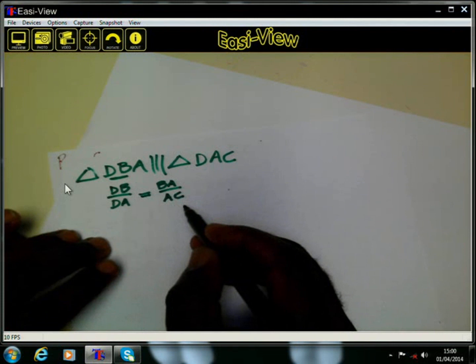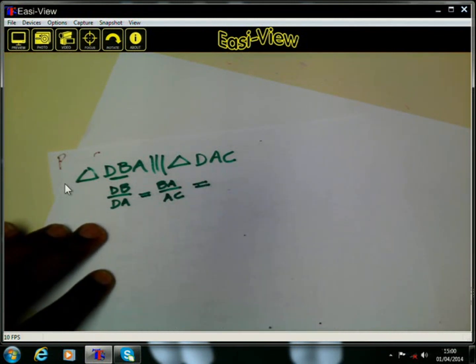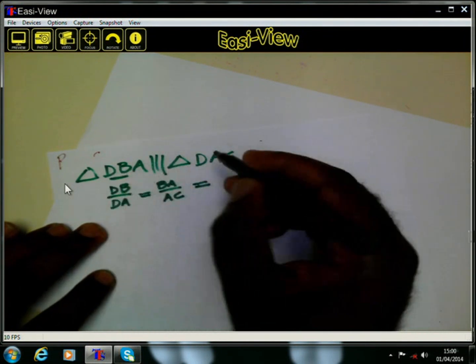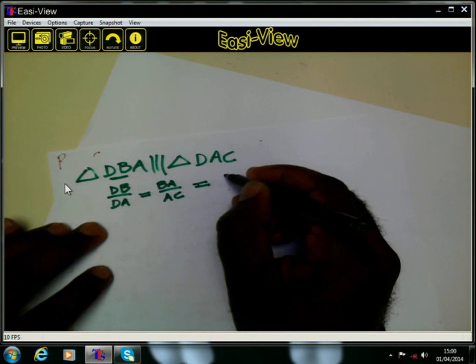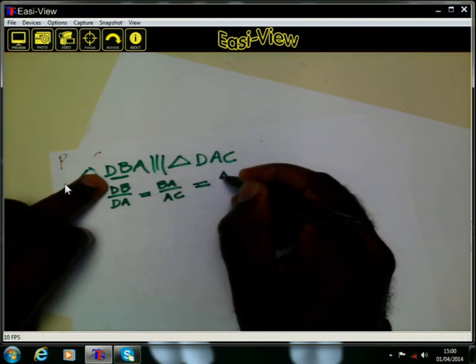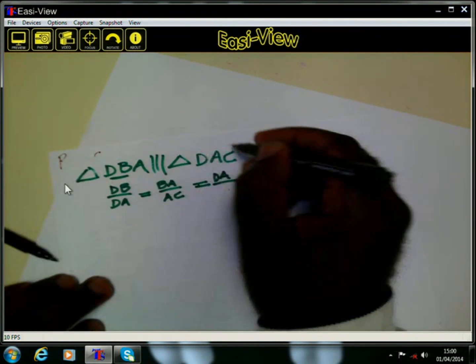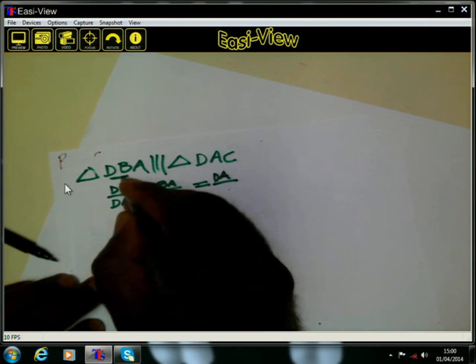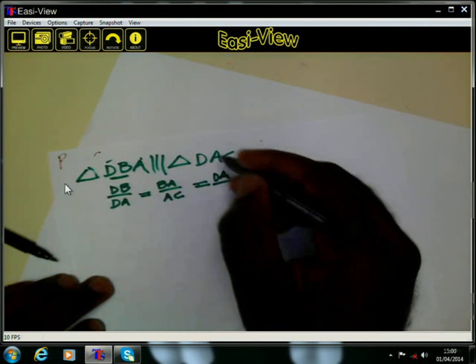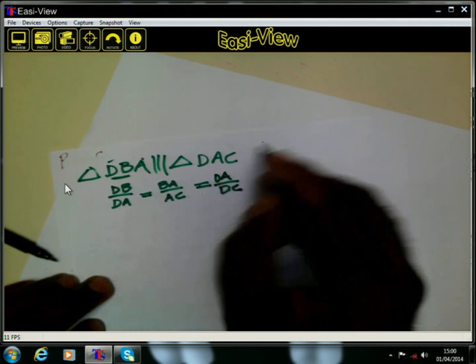But since we cannot come to a conclusion again here, we can extrapolate and take it further to say that we can have side DA over side DC, taking the outside, also being equal to that.